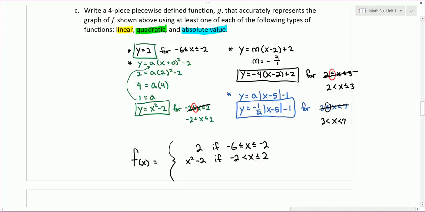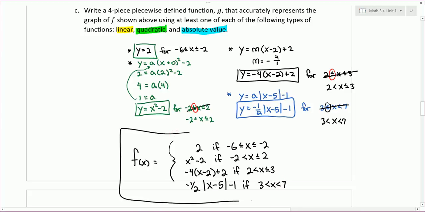The third piece, y is -4 times x minus 2 plus 2, if 2 is less than x, which is less than or equal to 3. And then the last piece, y is equal to -1/2 absolute value of x minus 5 minus 1 if x is greater than 3 but less than 7.